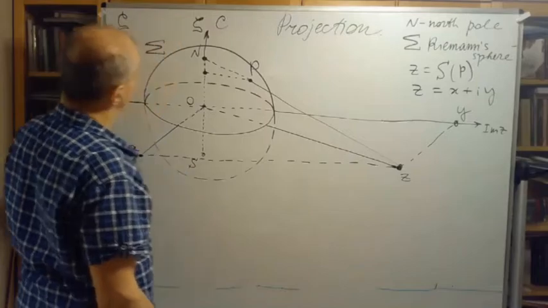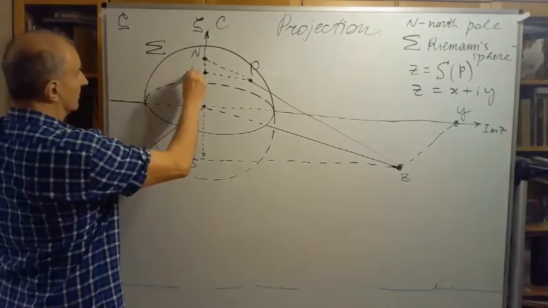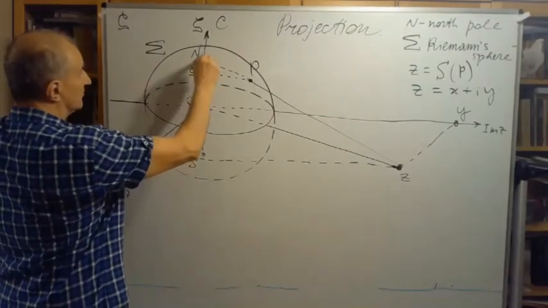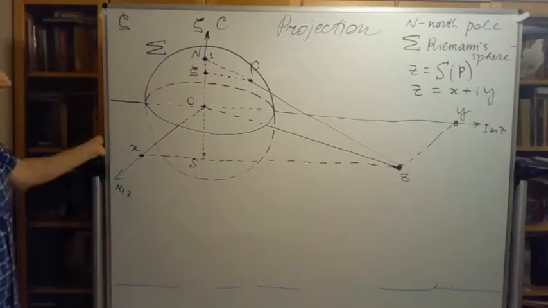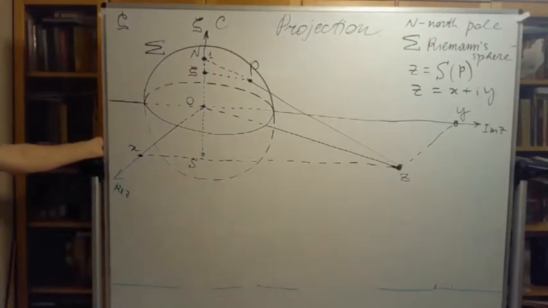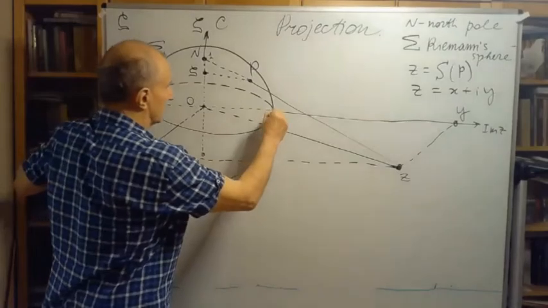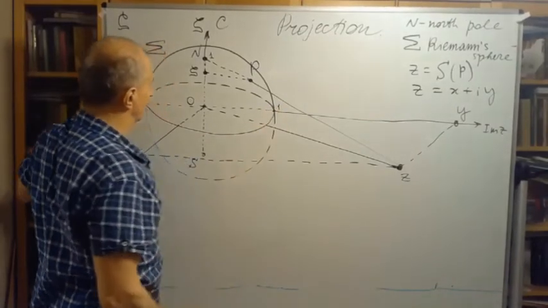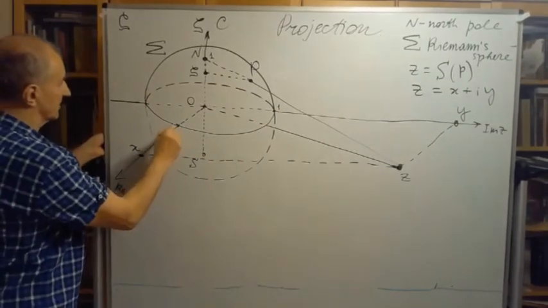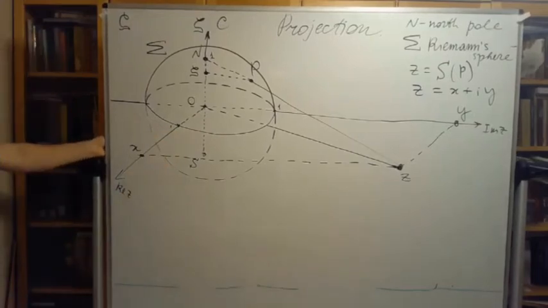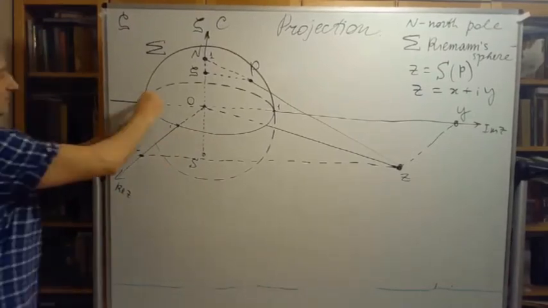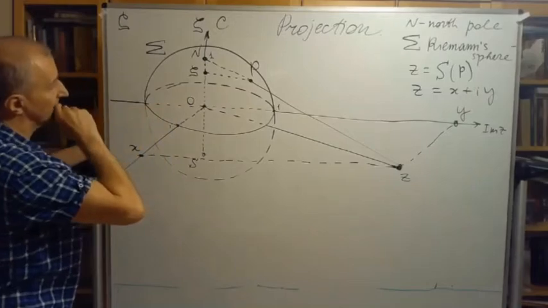So, this is the zeta coordinate. The north pole, of course, stands at zeta equal to 1 because the radius of the unit sphere is 1. So this point is also 1. This point also has coordinate 1. Right? Because it will be the unit circle in the complex plane. Now, what else?